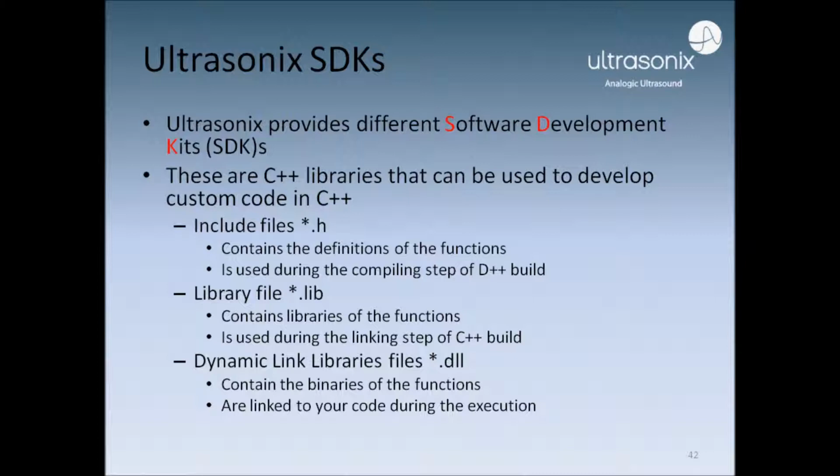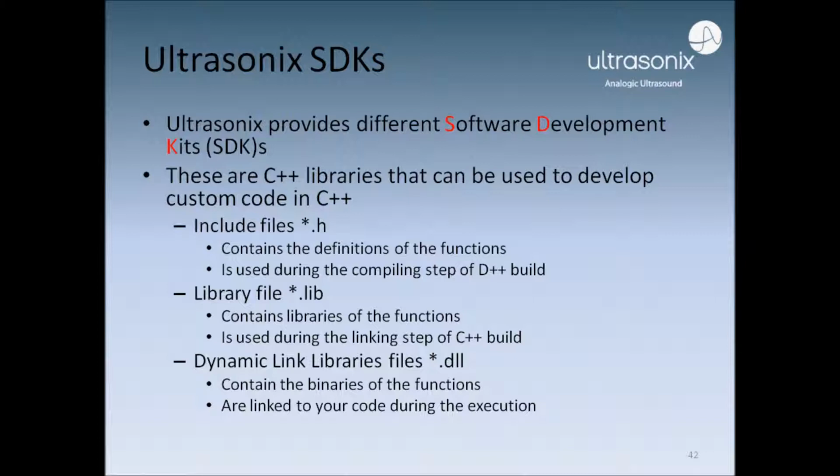The .h files for each SDK can be located inside a folder called inc under each SDK's own directory. There are some common .h files located in the global or UMC directory under the root of the SDK too. The SDKs also come with library files, or .lib files. These files contain a list of all the exported functions and data and in which dynamic link library, or DLL, they are located.